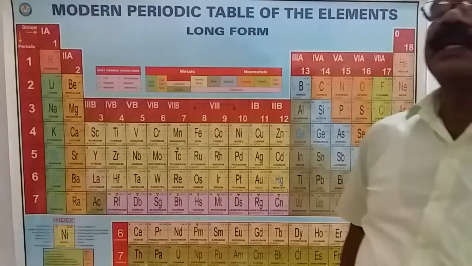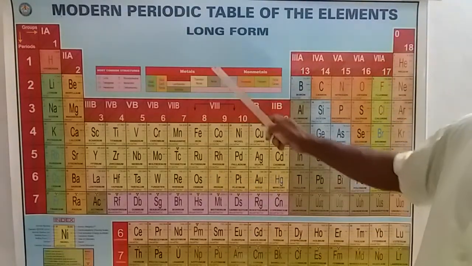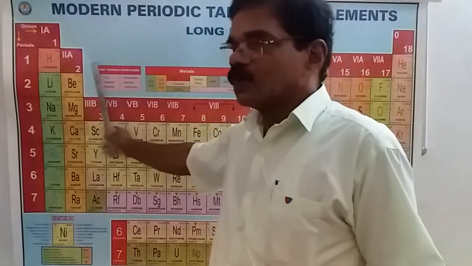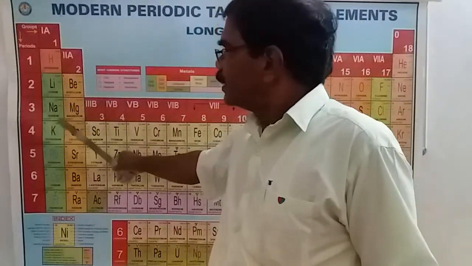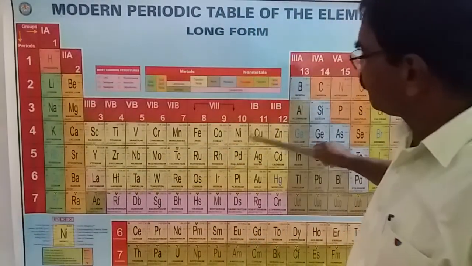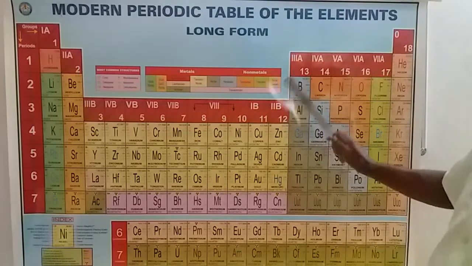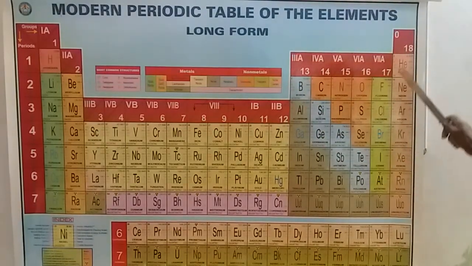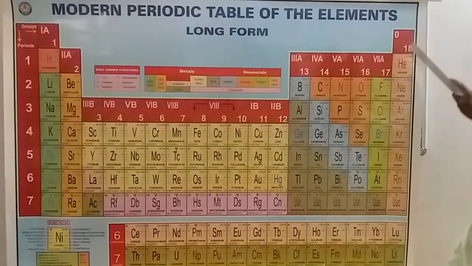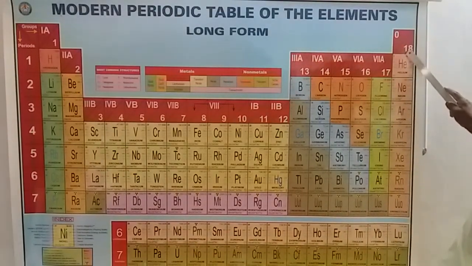Where do the metals lie? The metals are always on the left side and the middle of the periodic table. The non-metals are always on the right side of the periodic table, except the zero group elements.